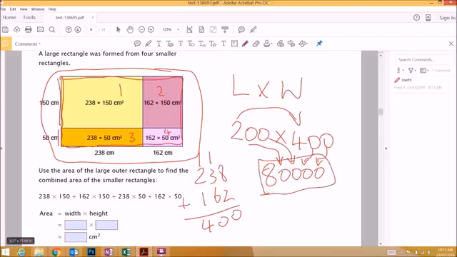So here, our width, which was this one, was 200. Our length, oh sorry, this should be the other way around, was 400. And our area is 80,000.